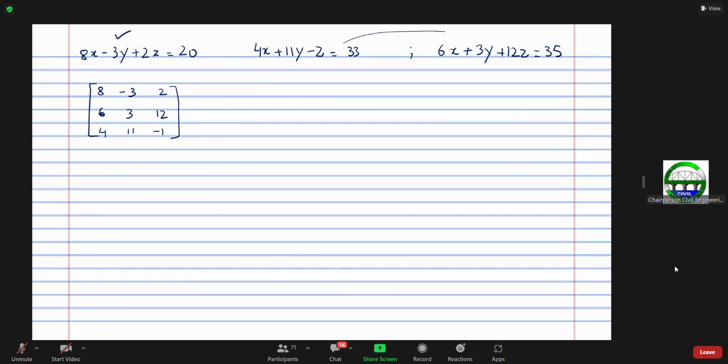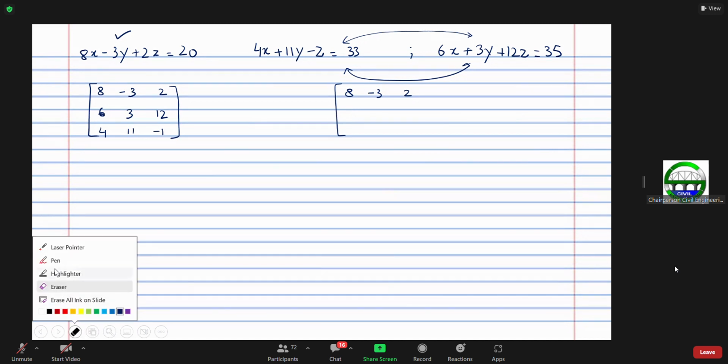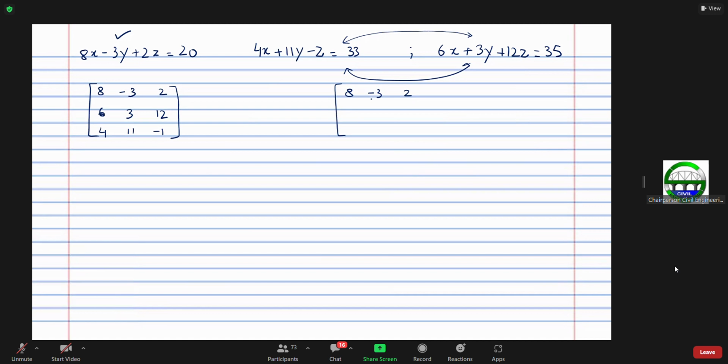I interchanged them. Now my new matrix is 8, -3, 2, and then 4, 11, -1, and then 6, 3, 12.